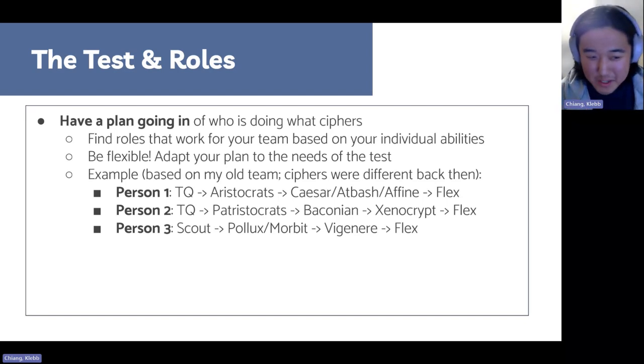I almost never had extra time, let's be honest. Person 3 started by scouting the test, then did Pollux and Morbit, which was the Morse code cipher at the time, then Vigenere, which is like Porta, then did other stuff, whatever was available. And he usually finished with plenty of time to do other things. But that was our setup.